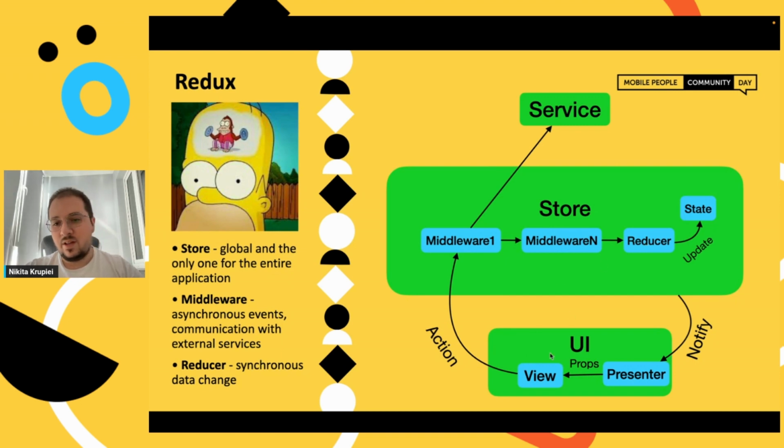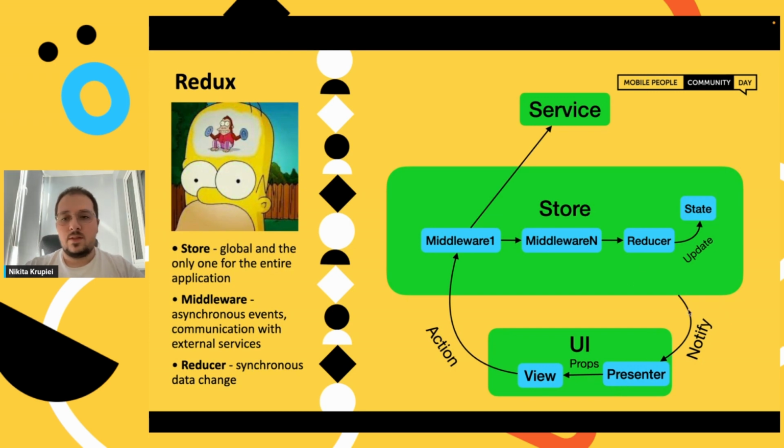And here is a little bit of an extension of the UI layer. It is not a part of Redux. It is part of the data-driven UI. I've added a new layer, the presenter, and the idea is to make the view super dumb, if we can say so.